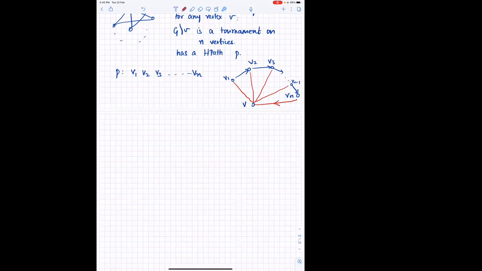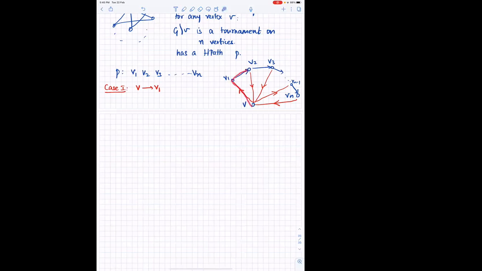Suppose this was directed this way, and this was directed this way, and everything else somewhat. Let's put it this way: V to V1 is there. Then what can you say? Just start the path from V and go to V1, and then V1 on to Vn.